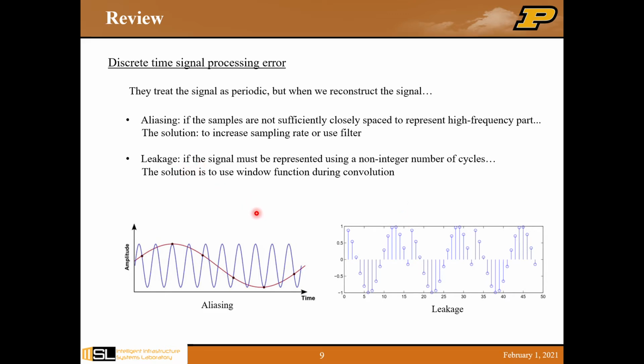The solution is to use a window function, which tries to reduce the value at the edge, minimizing it close to 0, such that the reconstructed signal will not have this kind of discontinuity, and we can mitigate the leakage issue.